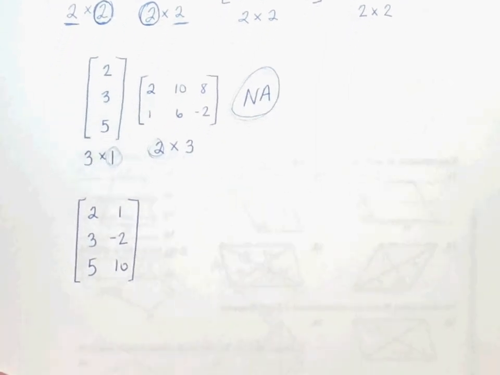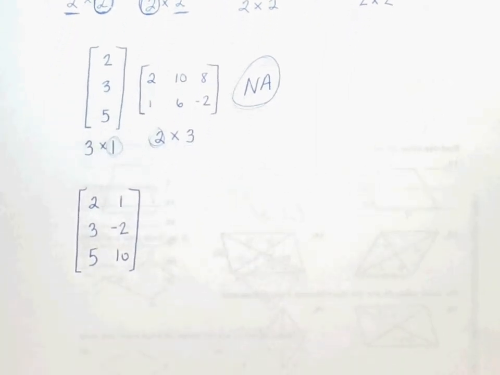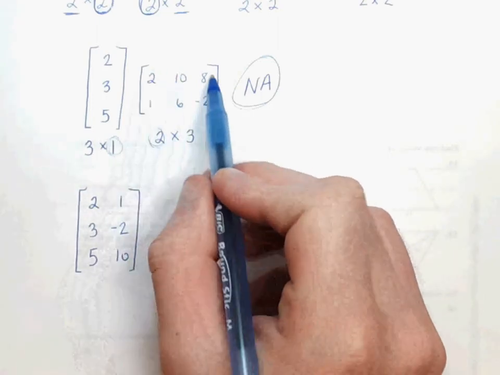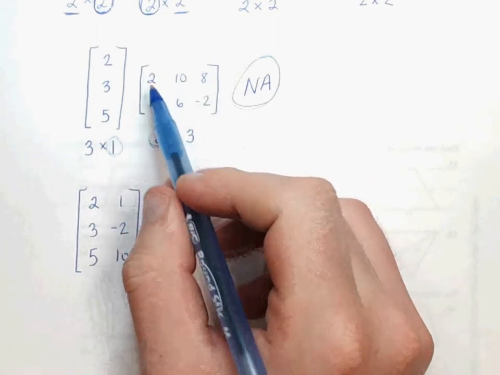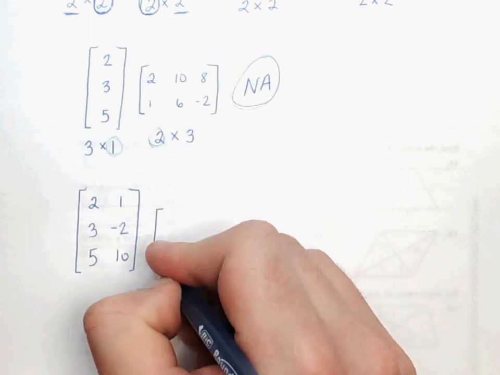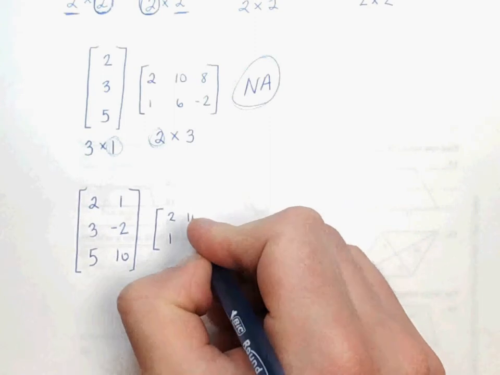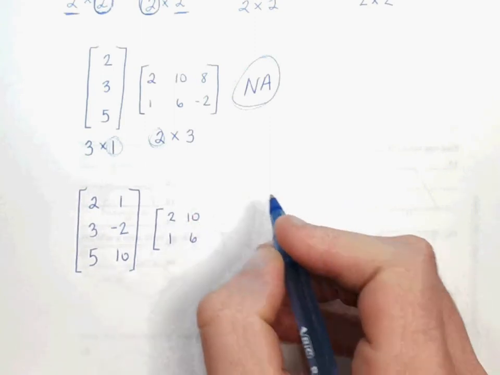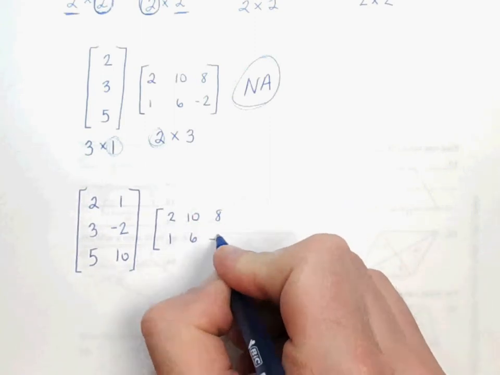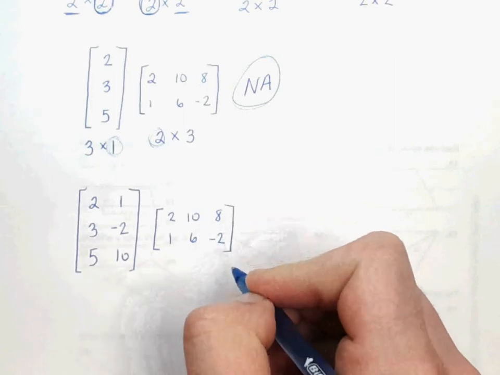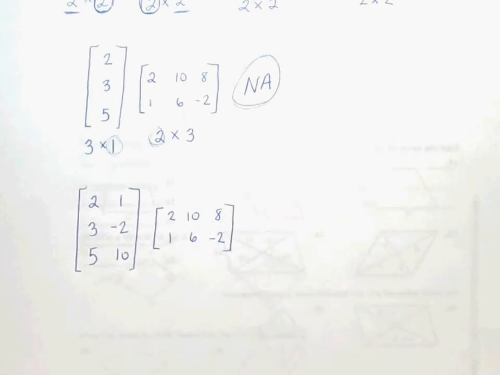So 2, 3, 5, 1, negative 2, 10. And we're going to multiply that by our matrix we had up here. Okay? 2, 1, 10, 6, 8, negative 2.